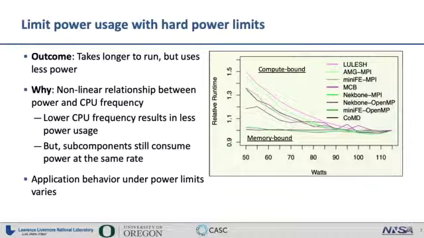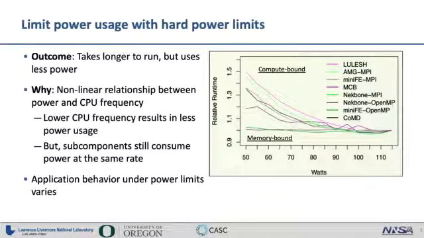And we see that our more compute-bound benchmarks tend to slow down proportional to the lower power limits. This is because those applications' instructions are highly dependent on the clock frequency, which is being limited severely as we lower the power limit.